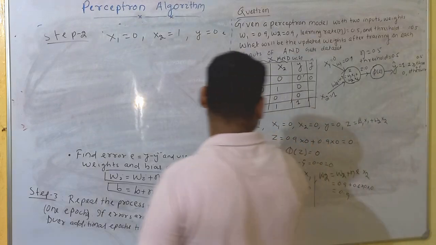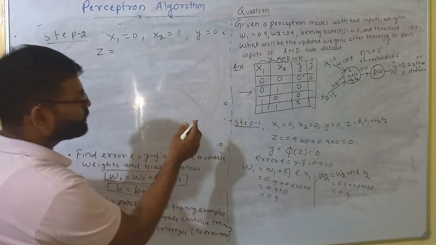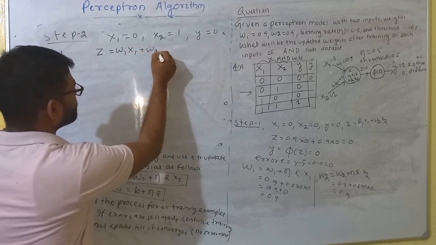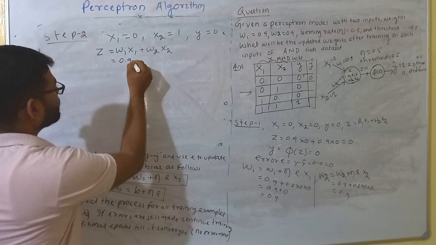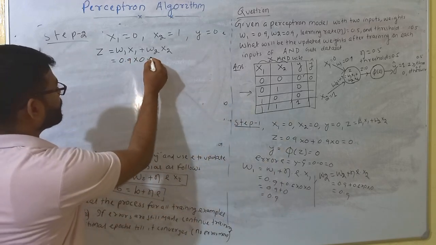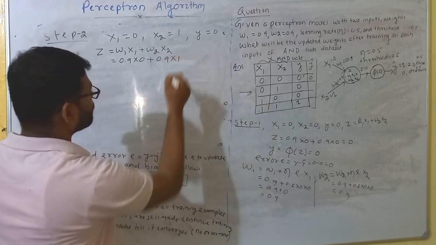Now z is equal to w1 x1 plus w2 x2. Here w1 equals 0.9, x1 is 0, plus w2 equals 0.9 into x2, which is 1.